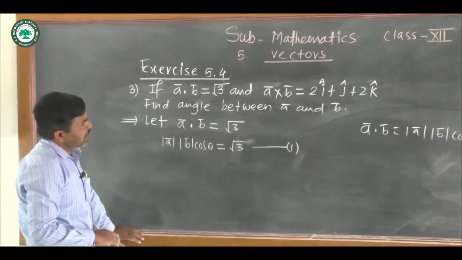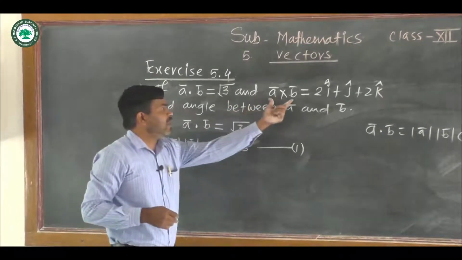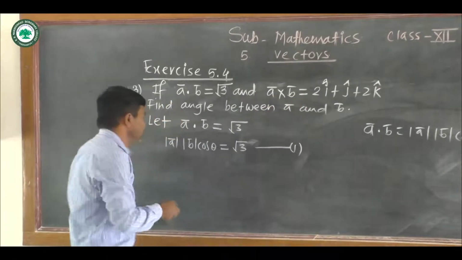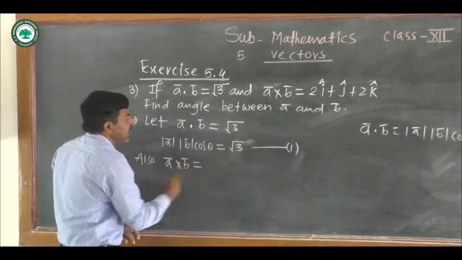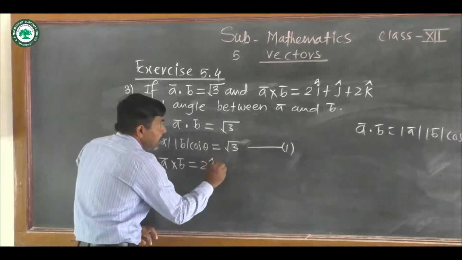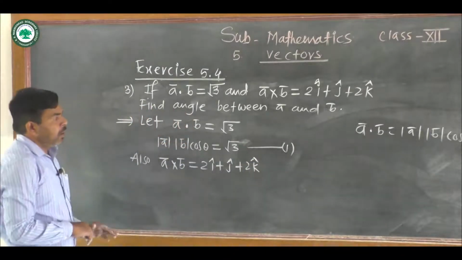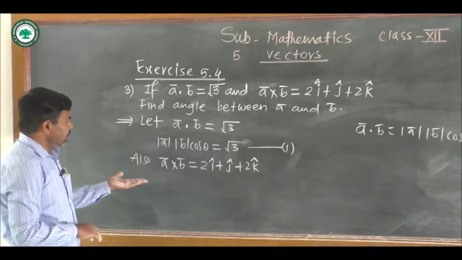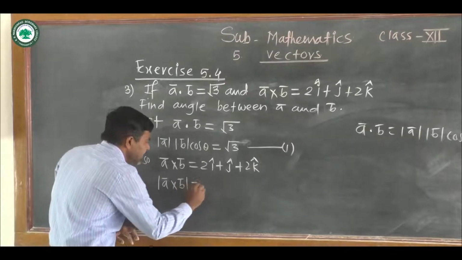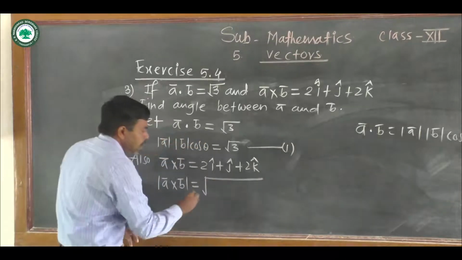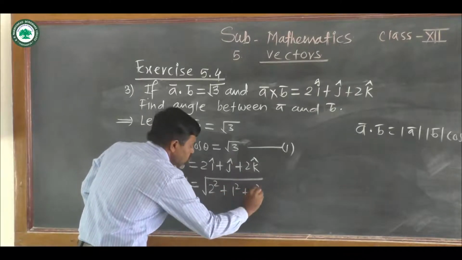What is given? One more thing is given here, that is vector A bar cross B bar is given. Also, A bar cross B bar is equal to 2i cap plus j cap plus 2k cap. If we take the magnitude of this vector, magnitude of A bar cross B bar is equal to square root of 2 square plus 1 square plus 2 square.